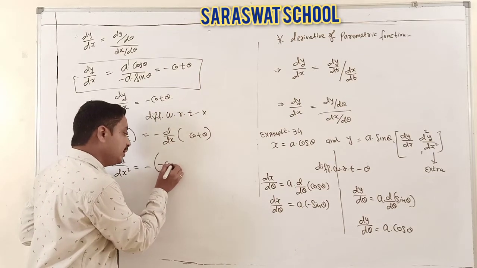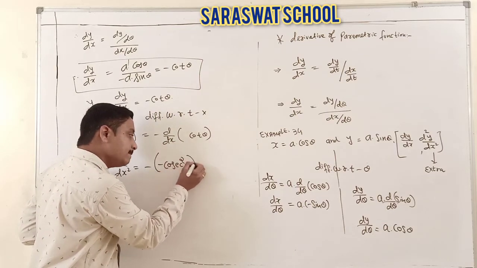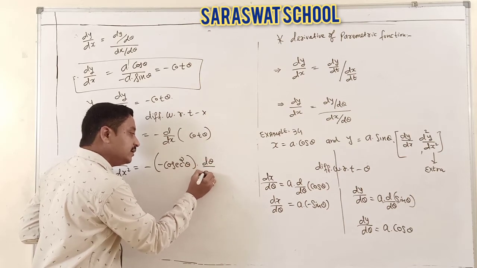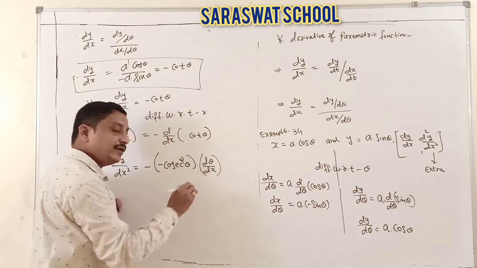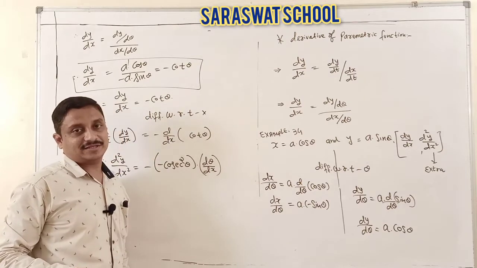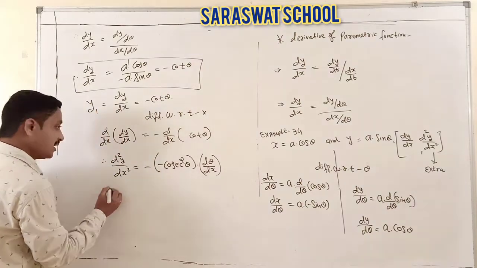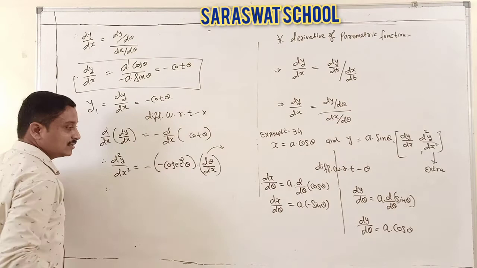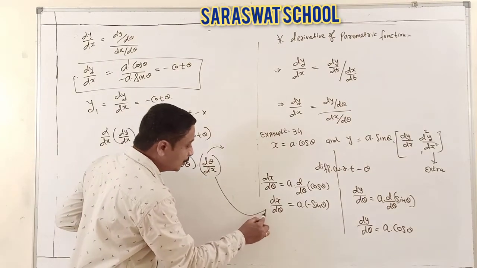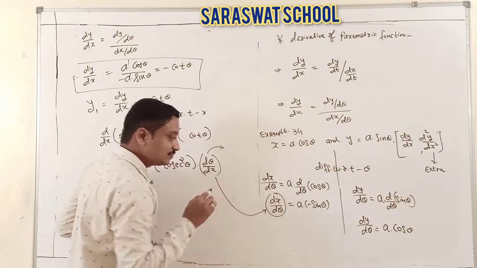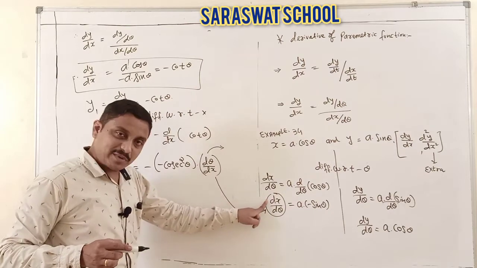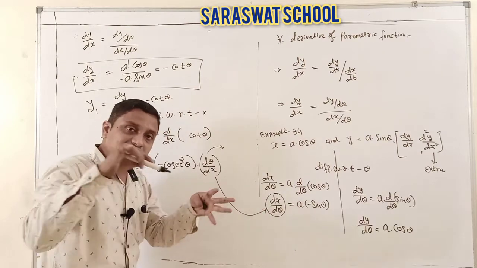So cot derivative is minus cosec square theta, and d theta by dx is pending. This d theta by dx you already know: actually it is dx by d theta, but I want d theta by dx.